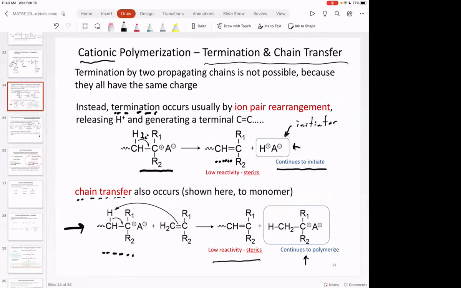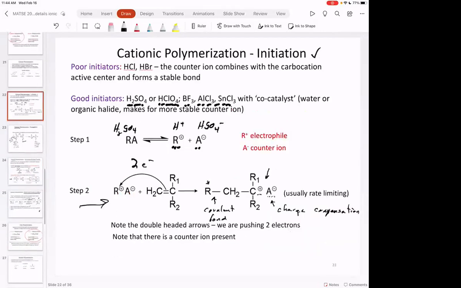Yes? Will we have any equations to solve for rate of propagation, or are they the same as radical? So it turns out they're mostly the same. We'll go over some of the key kinetic equations, but in general, we're going to use the more complicated expressions for free radical polymerization, because we can come up with all the variables, right? We know the concentration of the initiator.